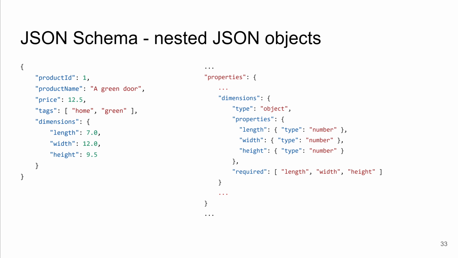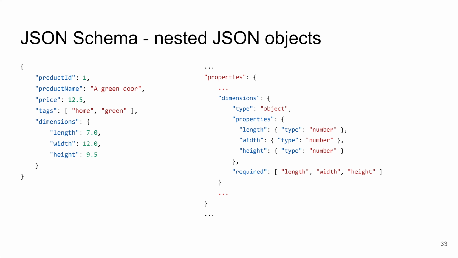So now we talked about numerics, we talked about properties of objects, and we talked about arrays. Let's talk about nested JSON objects because those are quite a key construct in JSON. So here we'll add another key value pair to our example, and this is dimensions. And dimensions will be a structured value, and it will be another nested JSON object. And we want to create a schema for it.